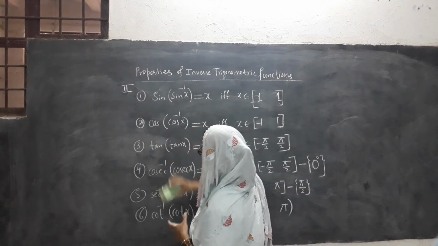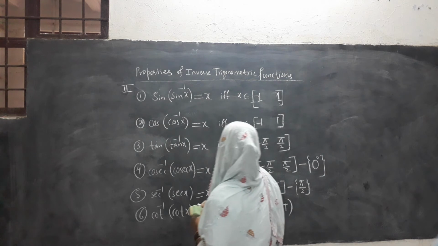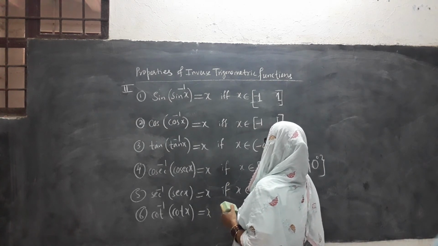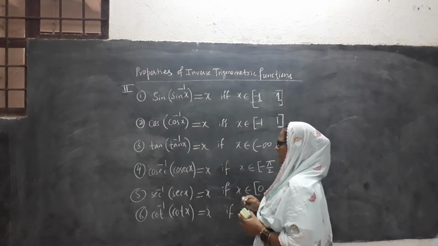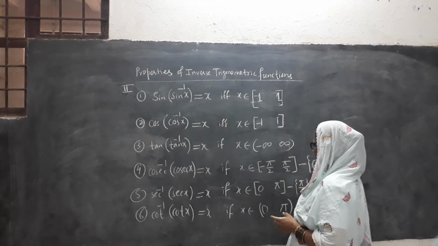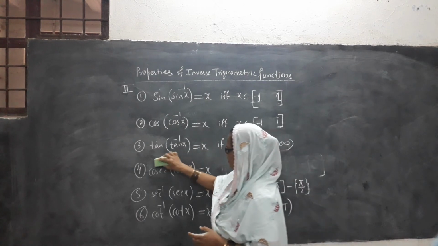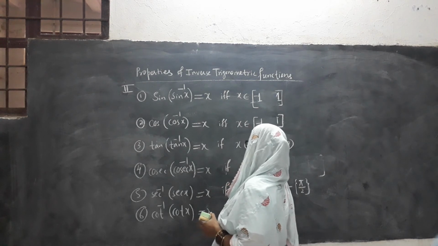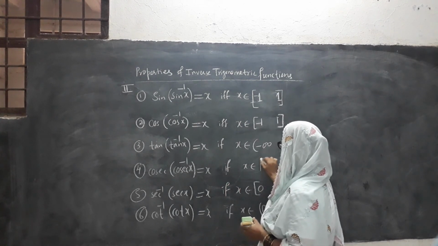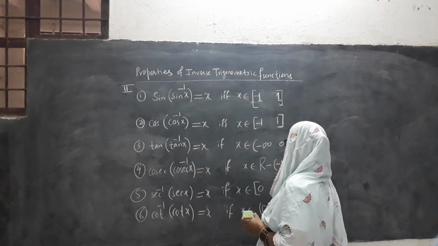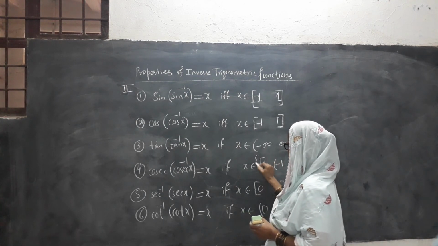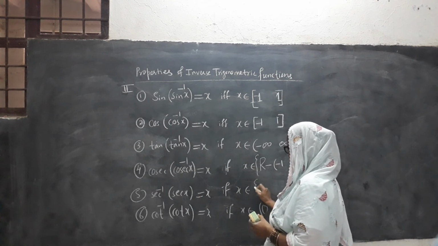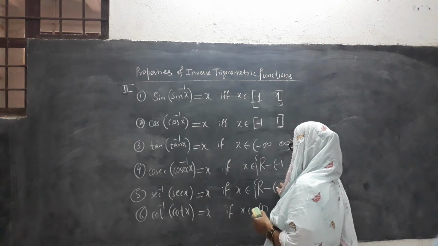Tan of tan inverse x is x if x belongs to minus infinity to plus infinity, or x is any real number. Similarly, cosec of cosec inverse x is x if x belongs to all real numbers except minus 1 to 1. Similarly, this x belongs to all real numbers except minus 1 to 1.